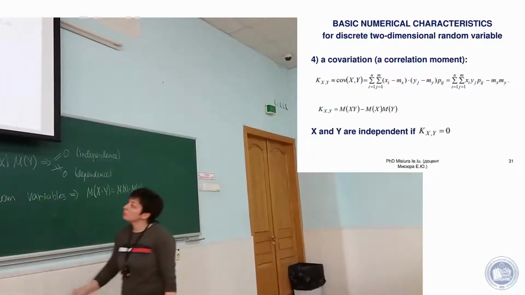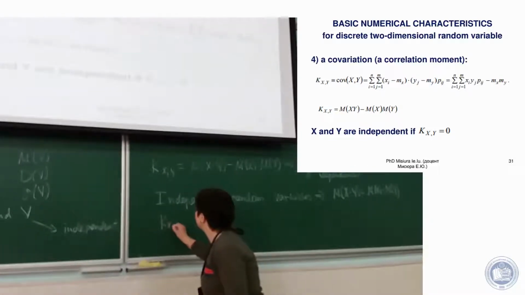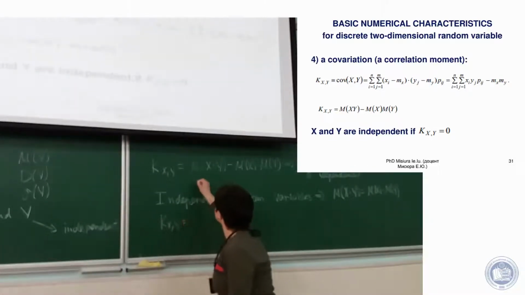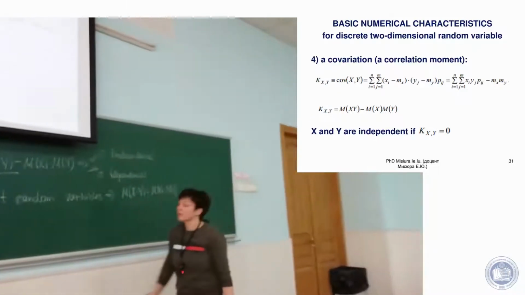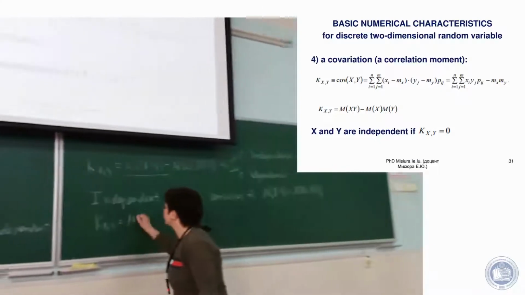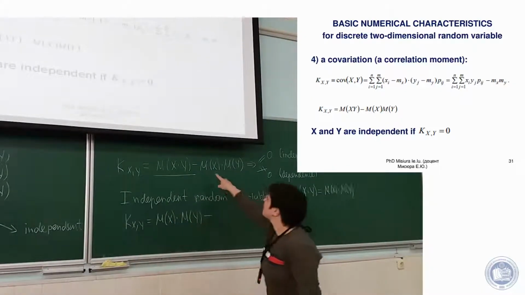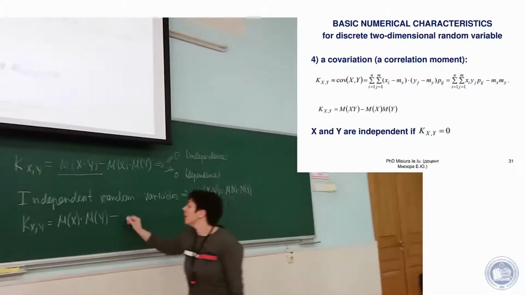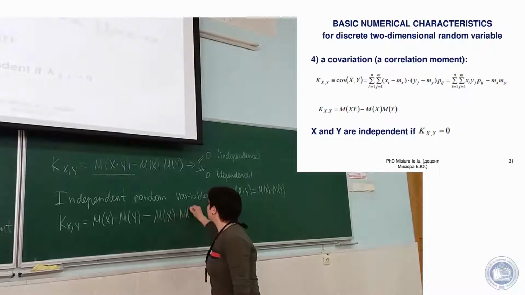If you substitute, you can get k xy equals m of x times m of y minus the same product m of x times m of y.